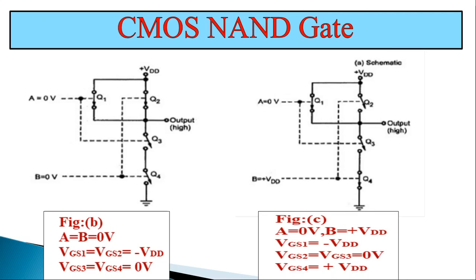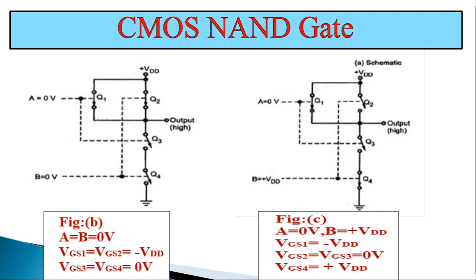MOSFETs Q2 and Q3 are off because their gate to source voltages are 0 volt, that is VGS2 is equal to VGS3 is equal to 0 volt. Since Q1 is on and Q3 is off, the output is connected to plus VDD and it is disconnected from ground.